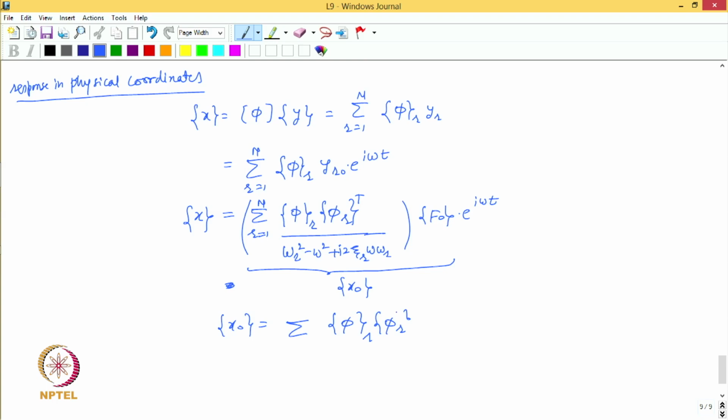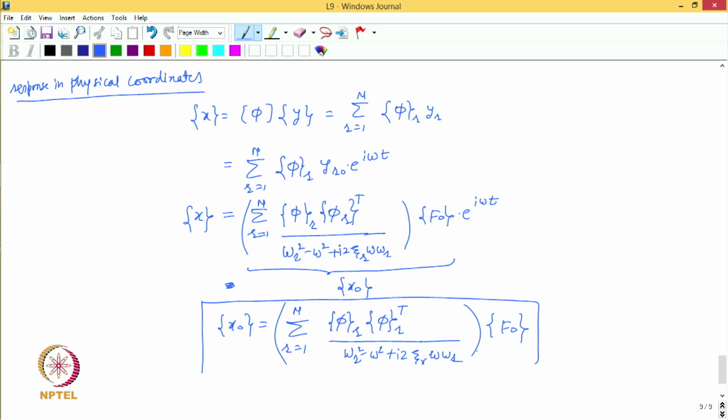So, phi_r into phi_r transpose divided by omega_r square minus omega square plus i 2 zeta_r omega_r, with r ranging from 1 to n, multiplied by F naught. So, this is nothing but the amplitude of the steady state response due to harmonic forces.